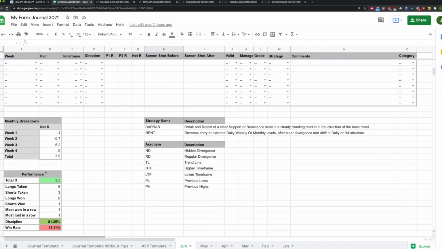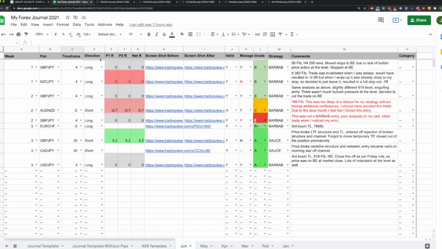Still up on the month, just about 3.5 percent. Obviously the win rate's been abysmal. Only an 11% strike rate, lots of break evens, a few losses, and only one win so far. And CADJPY will be a win as well. So, okay month, hoping to wrap up the month a bit stronger next week.